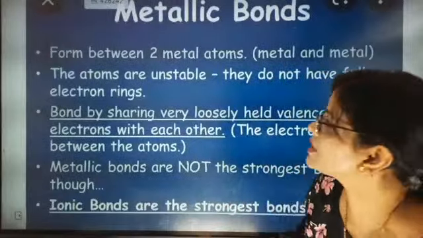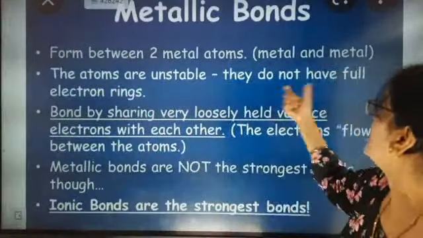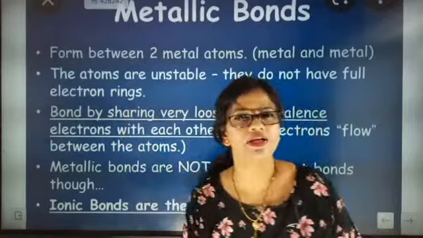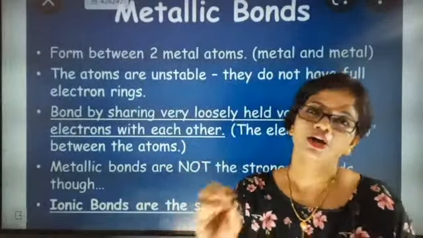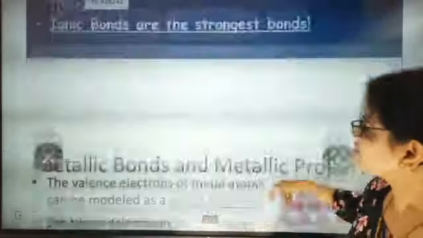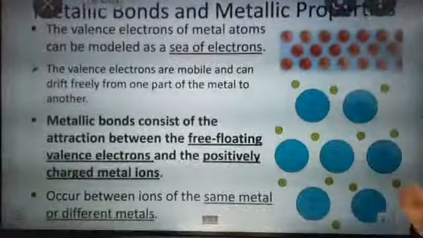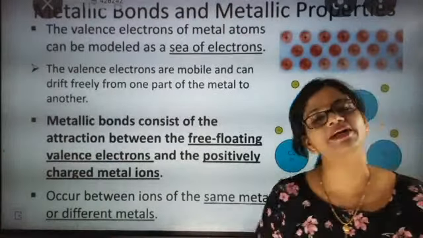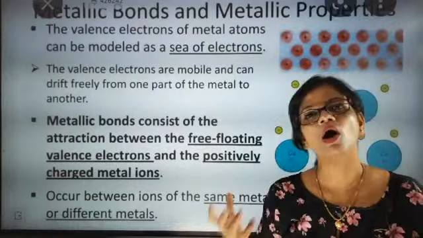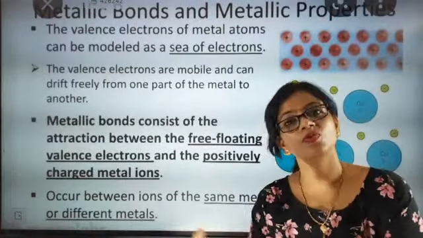How are they forming, beta? The atoms are unstable. They do not have full electron shells. In a simple way to see the metallic bond, just see this structure. It will clear your concept. Copper is a metal. Now how can copper hold together with each other?